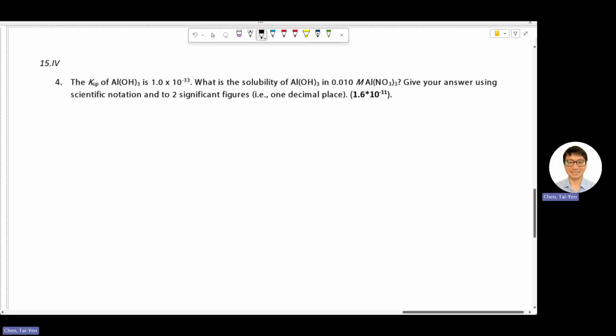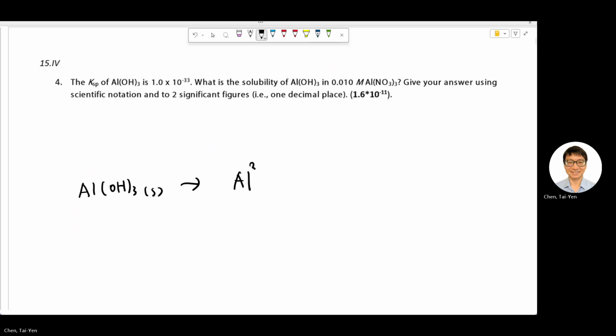It's because this is actually the dissociation equation for your insoluble salt. I assume everybody can write this yourself now, right?